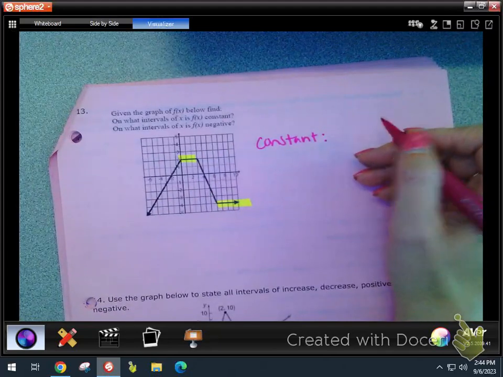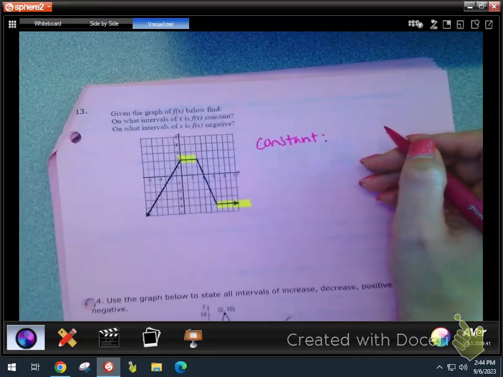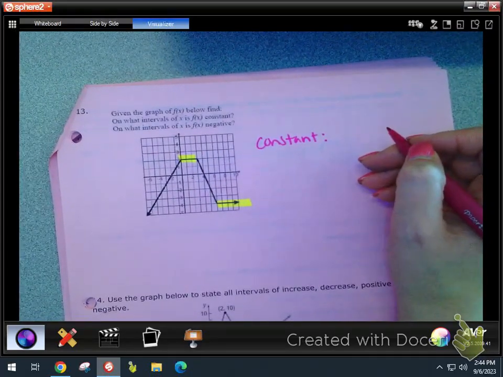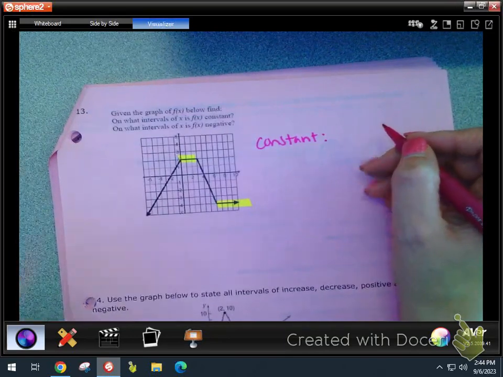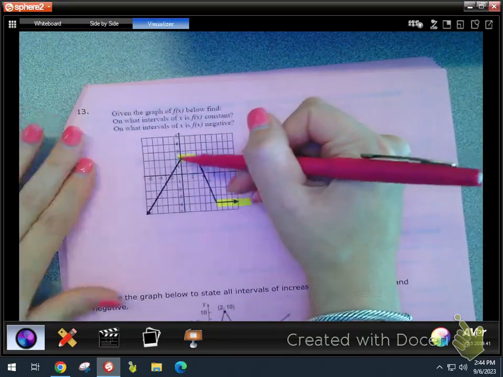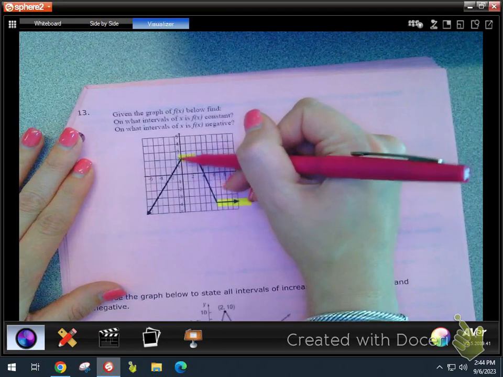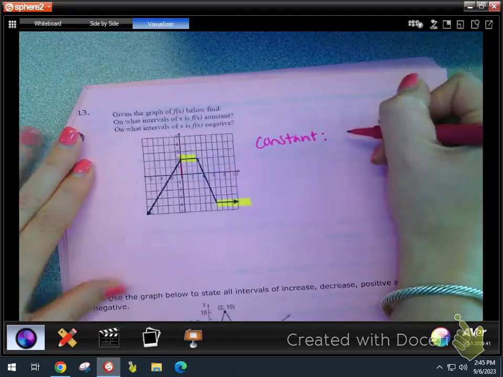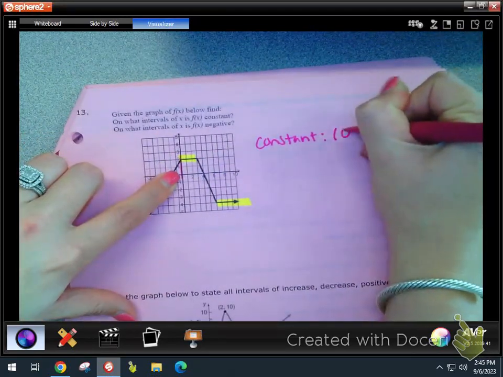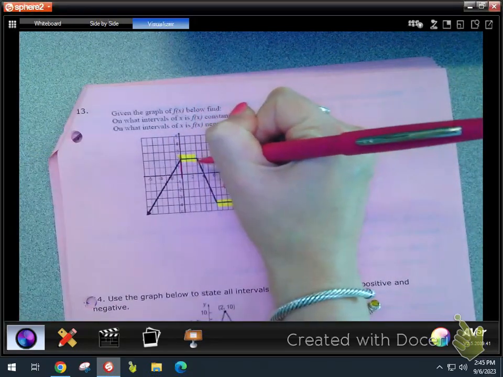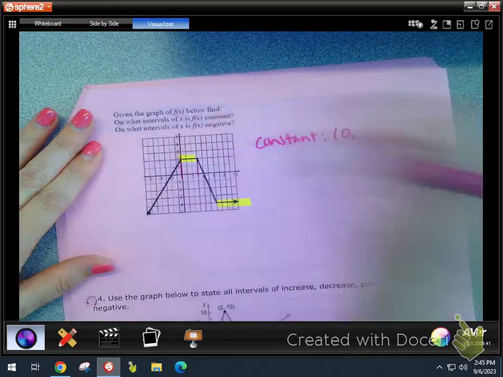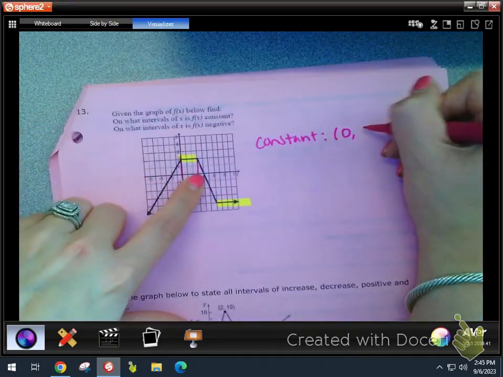Again, they're in terms of x's. Just always use parentheses on these to make it easier for yourself, except for Delta Math. Okay? All right, and that's only on like one type of problem. What x value do we start being constant? 0, and then we continue just straight across until we get to 3. Y'all see how I'm drawing lines to the x-axis?